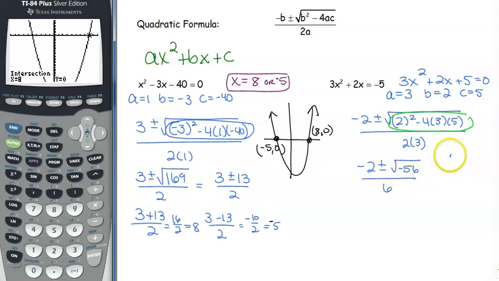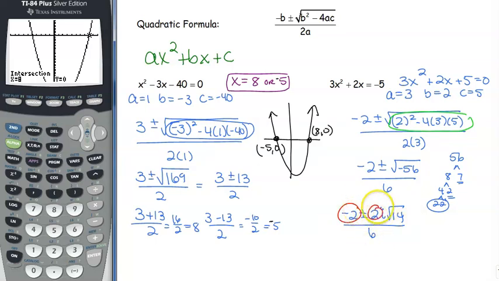I break down 56. We've got 8 and 7, 4 and 2, 2 and 2. So that becomes a negative 2 plus or minus 2i on the outside, 14 left over on the inside, with a 6 on the bottom. Now we've got 3 pieces.